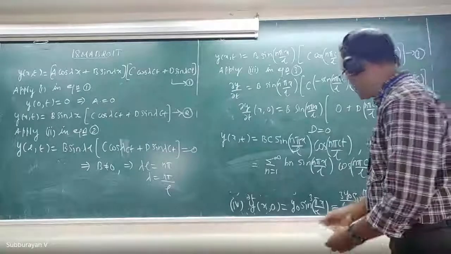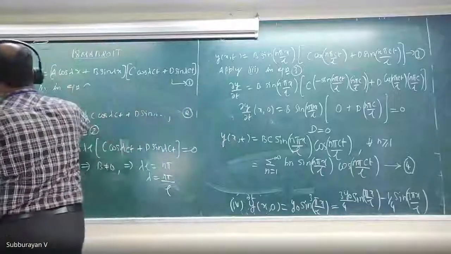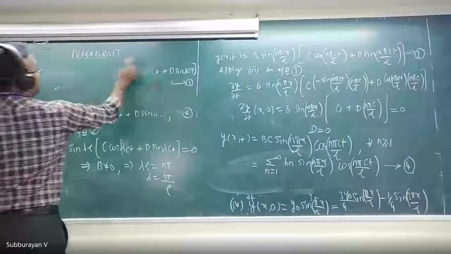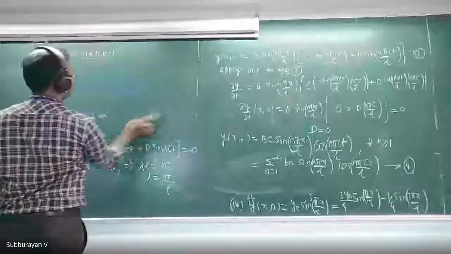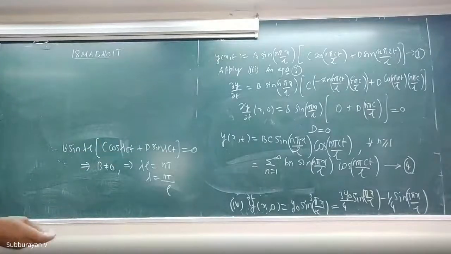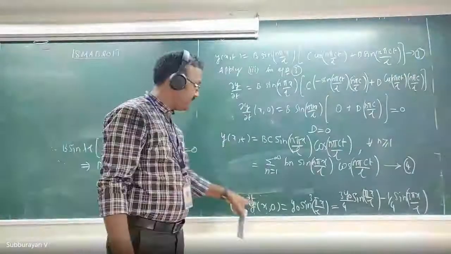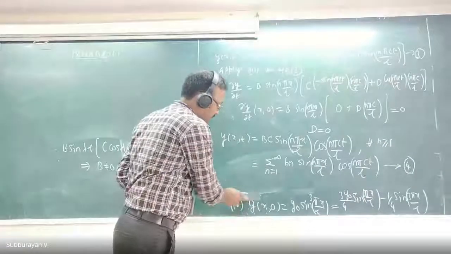Now what is the fourth condition? In the function y of x comma t, you just substitute t equal to 0.